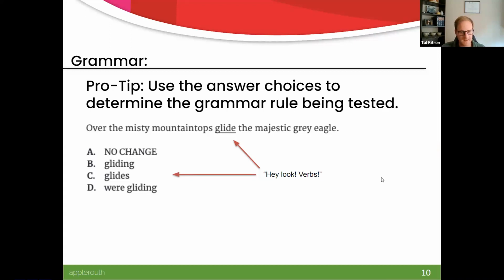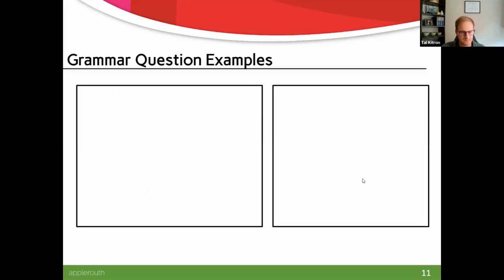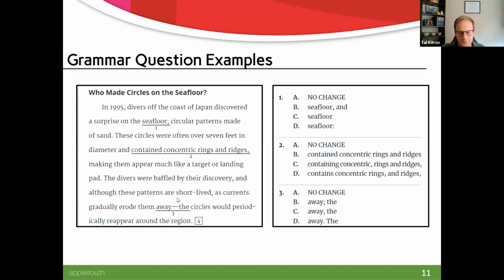That's a grammar question. And here's a couple others. I'm just going to leave this up for a moment for people to look at, and then we'll talk through them.